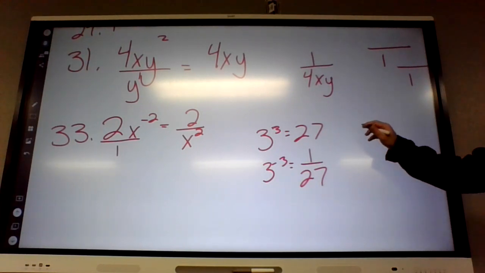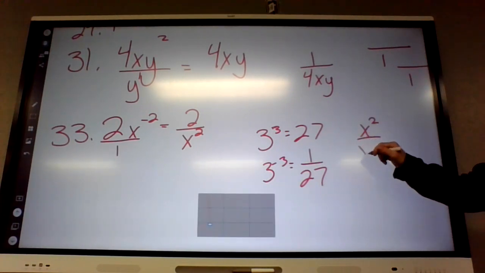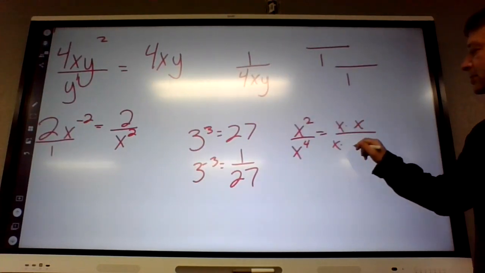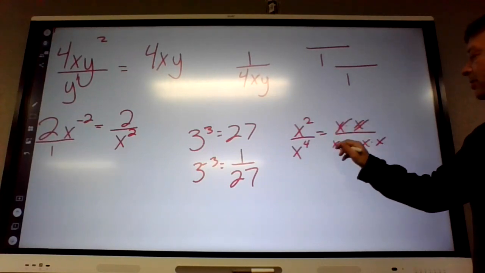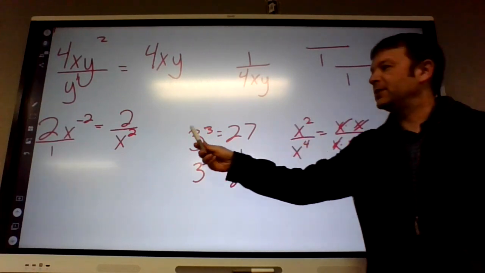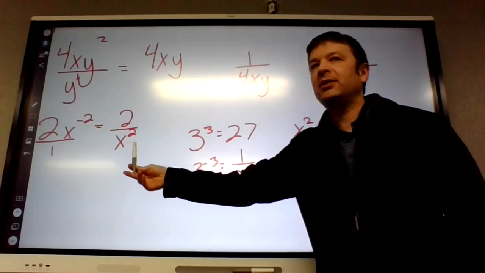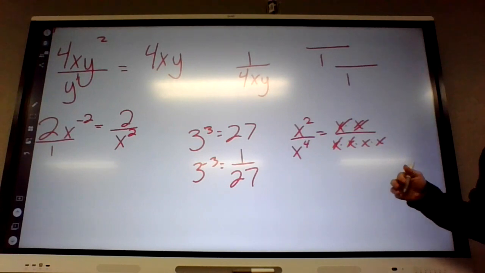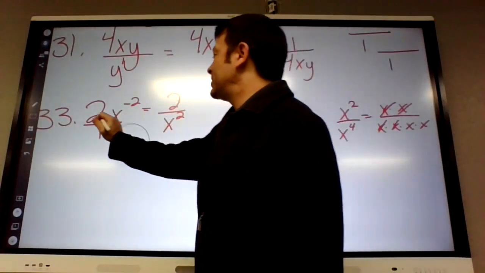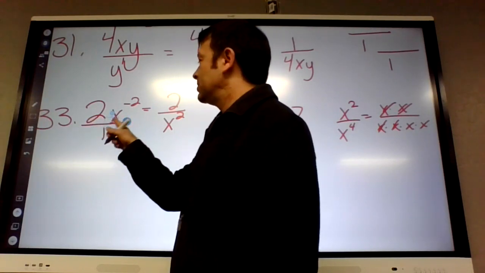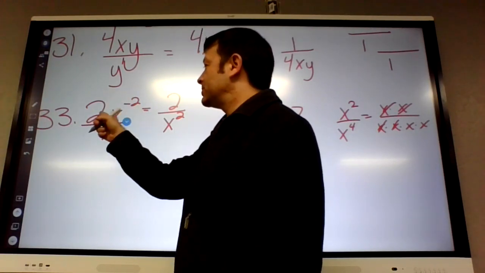Remember earlier it said x squared divided by x to the fourth, right? That equals x squared on the bottom. So x to the negative 2 means x squared in the denominator on the other side. This doesn't look like a fraction at first, but if I wrote it as a fraction, this is in the numerator, all that stuff.